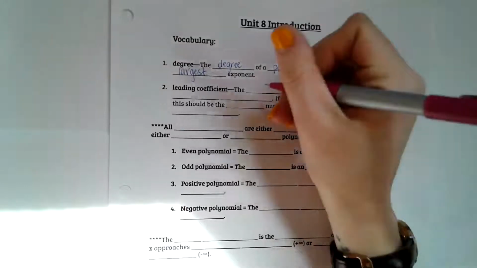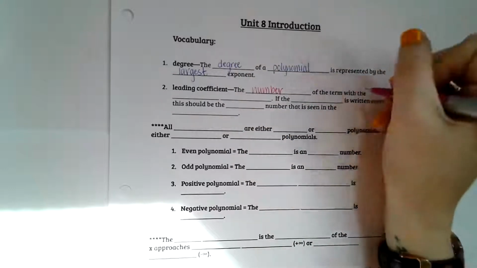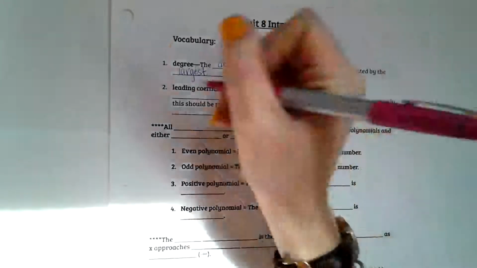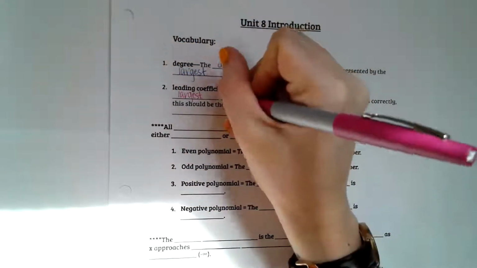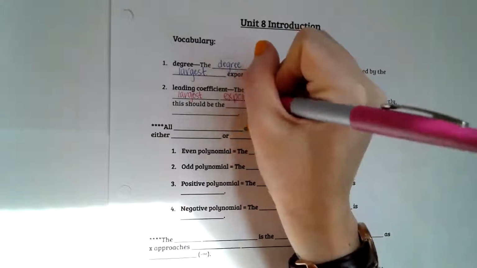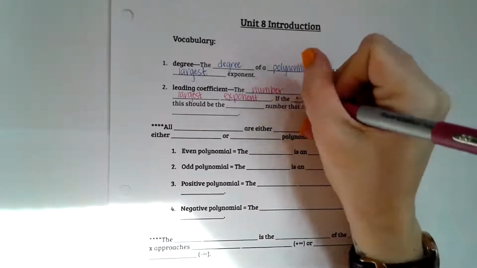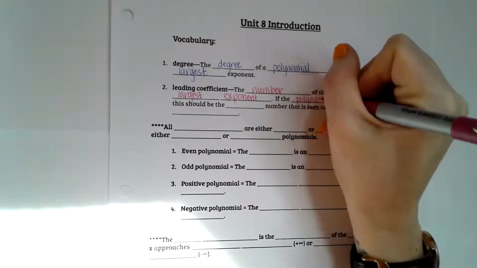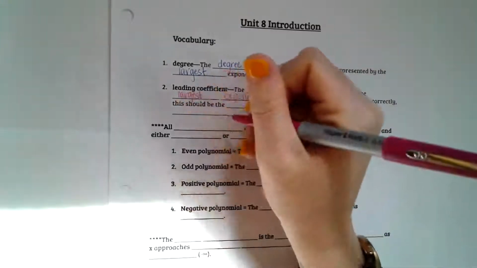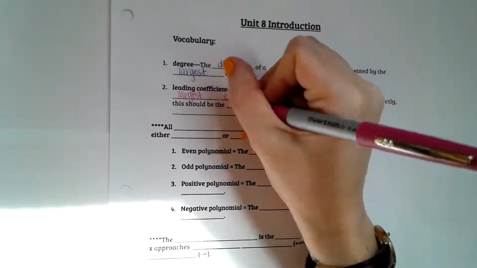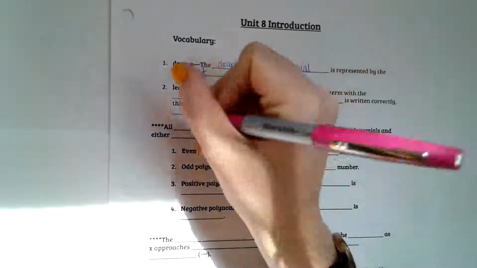Then the leading coefficient is the number of the term with the largest exponent. If the polynomial is written correctly, this should be the first number that is seen in your polynomial.